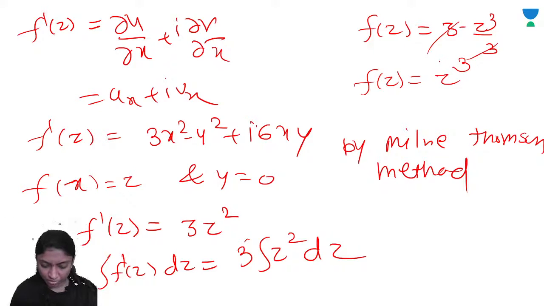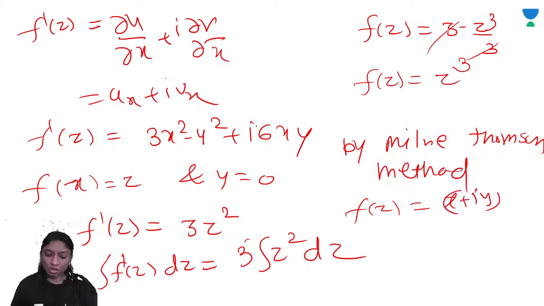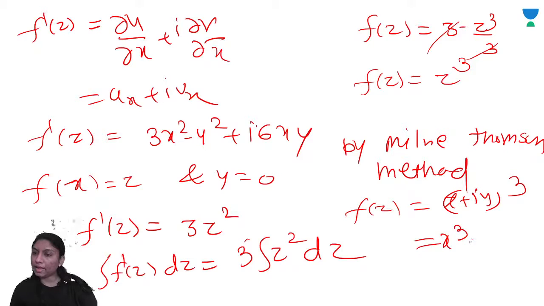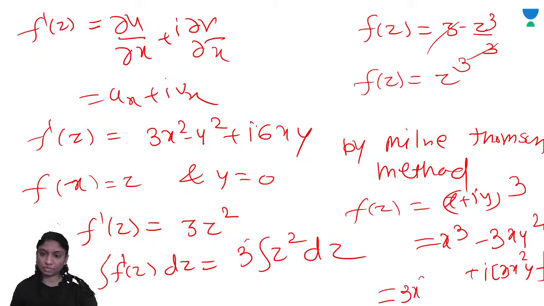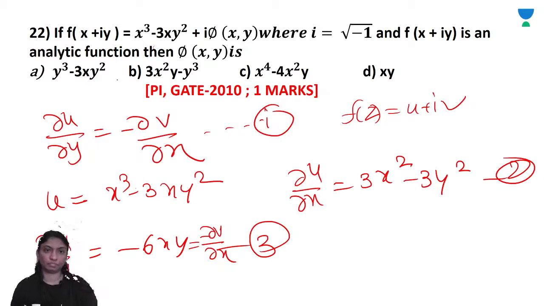But z is equal to x plus iy. Expanding (a plus b) cube, you will get x cube minus 3xy square plus i into 3x square y minus y cube. So ultimately you will get 3x square y minus y cube. So option B. Okay.